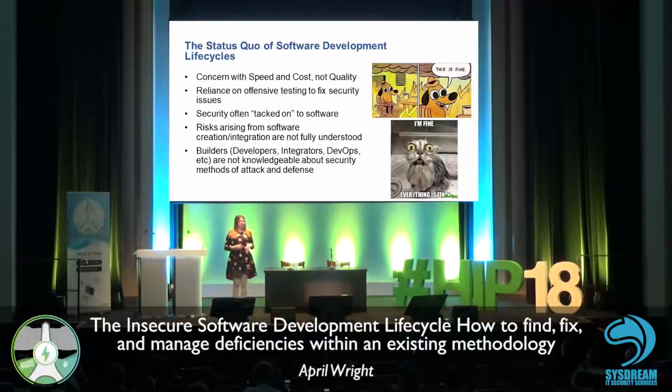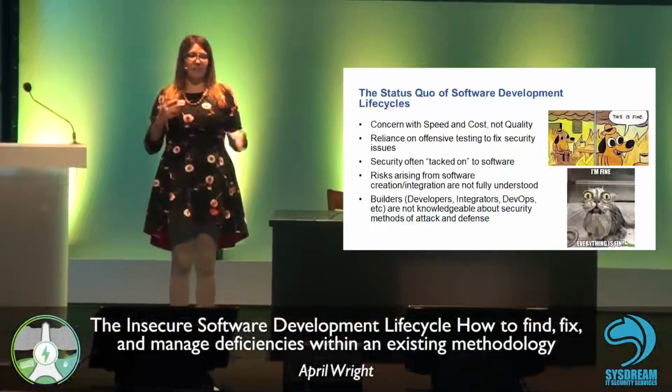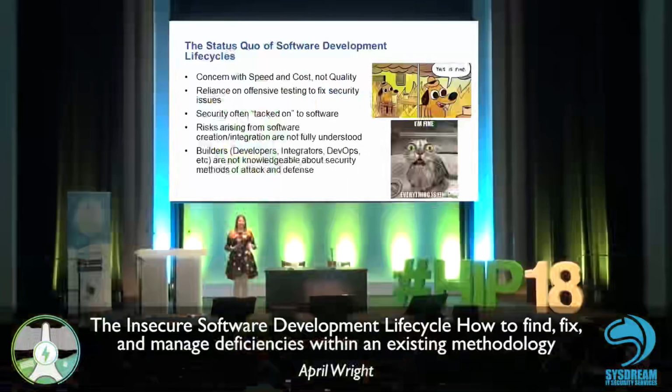We try to tack on security after it's built. The software developers and creators come to us and say, here's some software, tell us what we can do to make it secure. That's really backwards of how it should happen. So we go in and say, okay, we need to put a firewall here, and what ports do we need to open? But it's done after the fact. So we need to start doing that earlier.